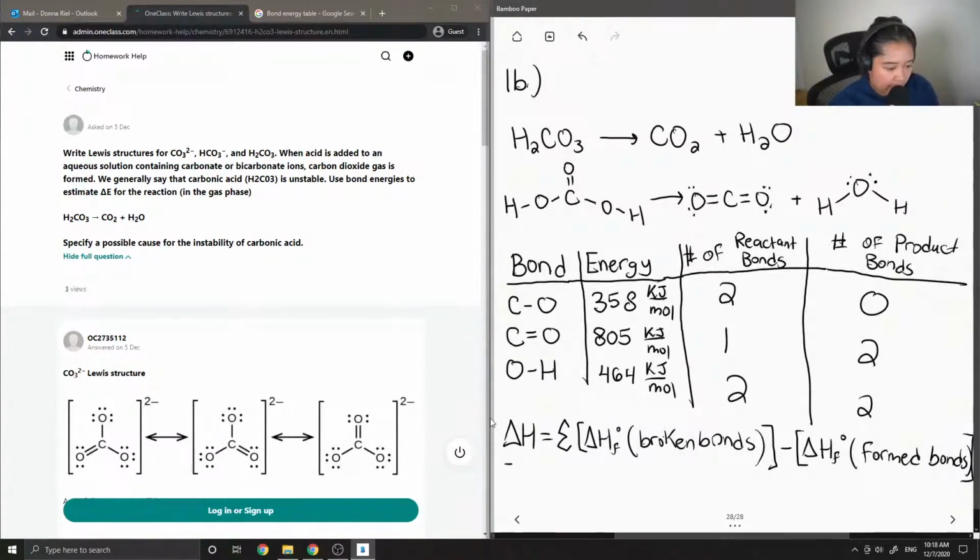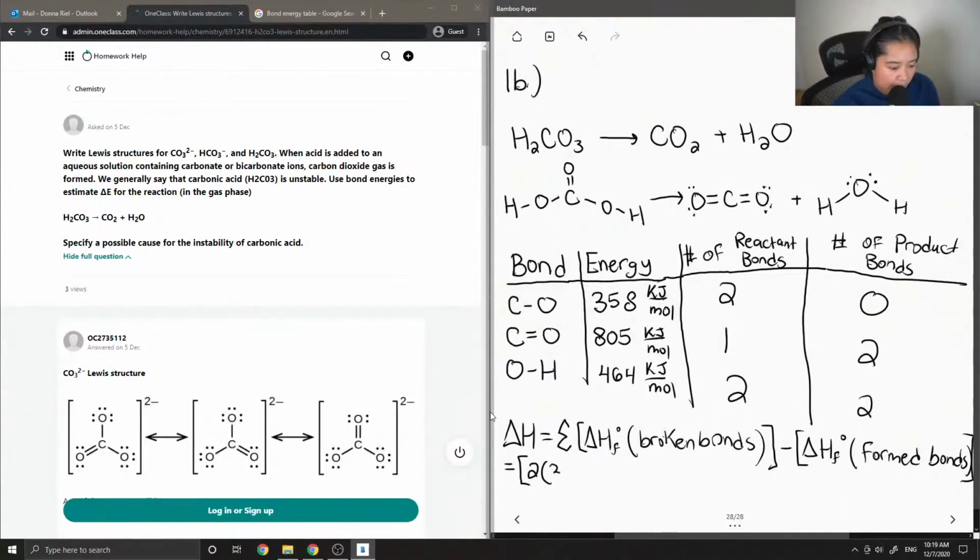Okay, so now I can sub in all of the energy values and then show how many of those bonds are broken and how many are formed. So that's why it was helpful to write out the table. So let's look at all of the broken bonds. There are 2 single bonded carbon-oxygen bonds that were broken in our reactants.